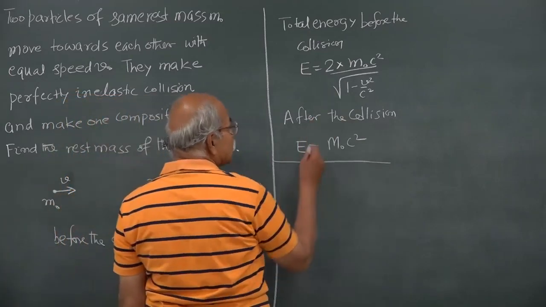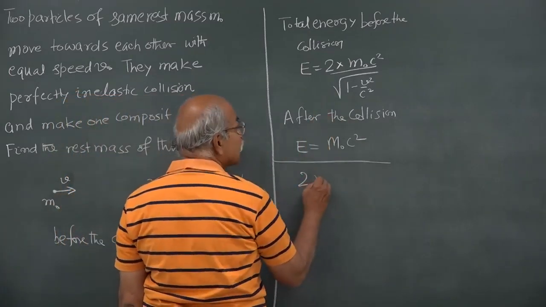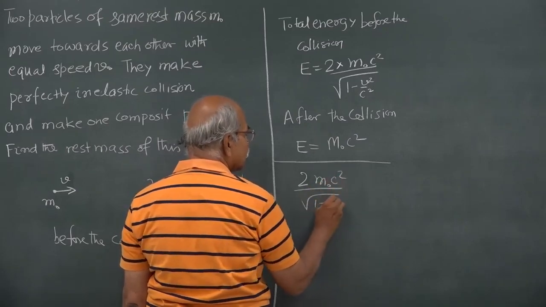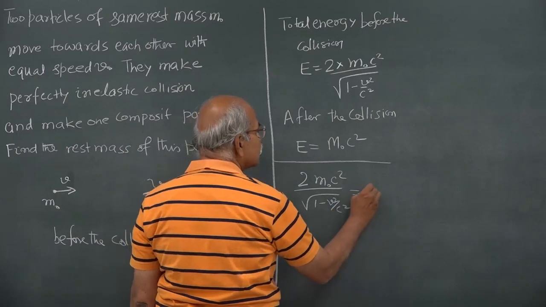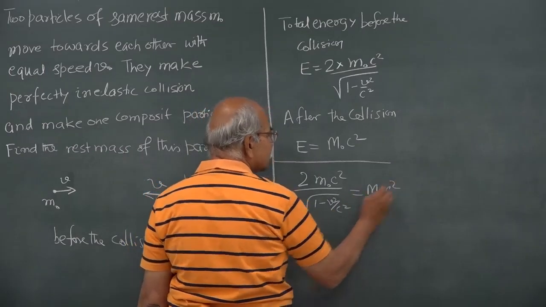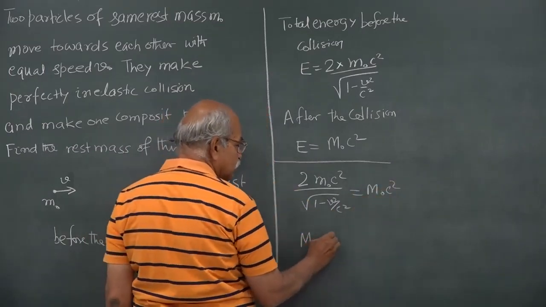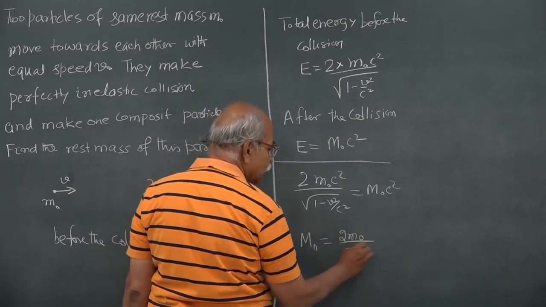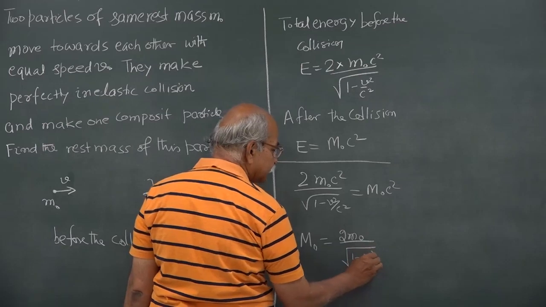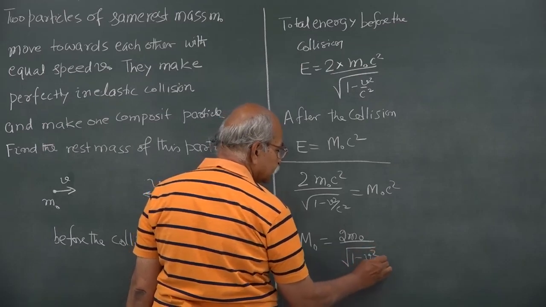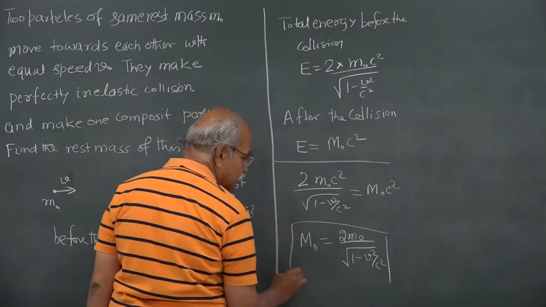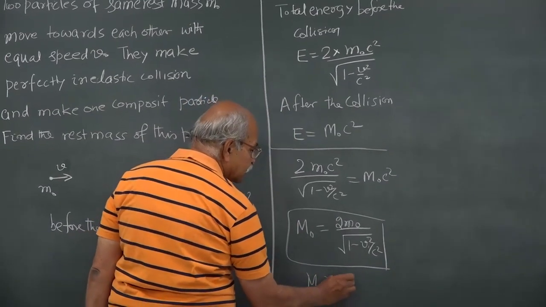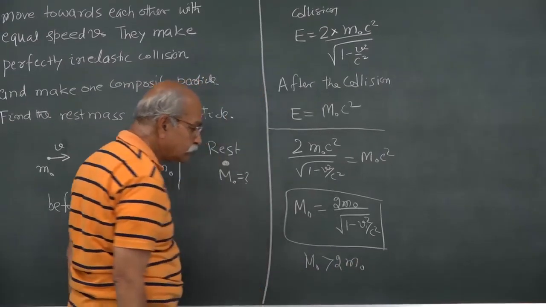So, this total energy should be conserved. So 2 times m naught c square divided by square root of 1 minus v square by c square is capital M naught c square. So capital M naught is 2 times m naught divided by square root of 1 minus v square by c square. That is the rest mass, and you see that this rest mass is greater than the original rest mass.